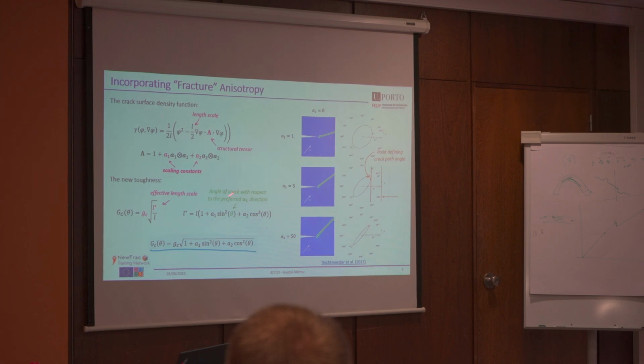That structural tensor is essentially a tensor that represents scaled preferred directions defined by vectors A1 and A2, in bold, for an orthotropic material, that are scaled by the scaling constants alpha 1 and alpha 2 respectively.